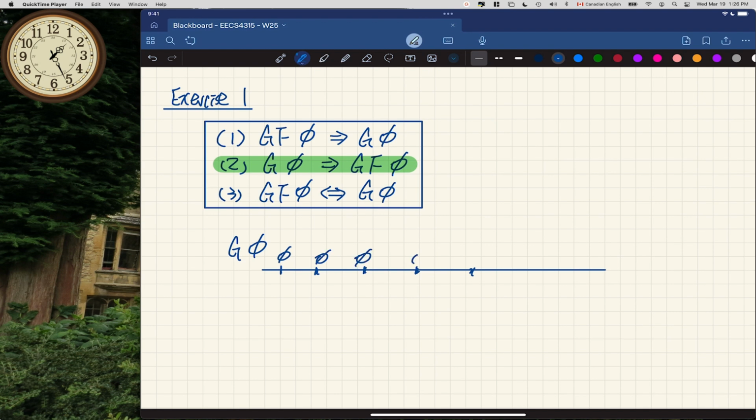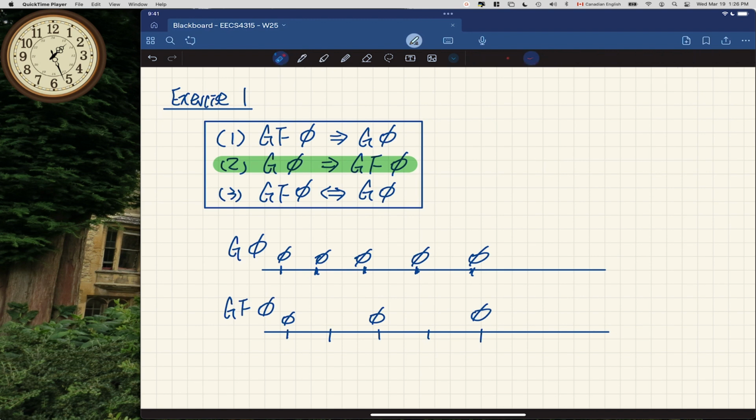You cannot miss any states. As long as you miss a state, there will be a witness path to show that it's false. On the other hand, if you got GF phi, infinitely often phi, it would be acceptable. For example, you can say every other state has the phi satisfied. Why would this be okay for GF phi? Because for this state over here, this will be the future point. For this state here, this will be the future point, and so on. So infinitely often is fine.